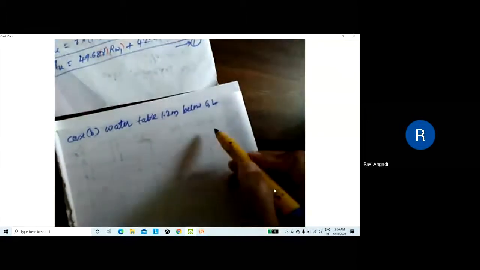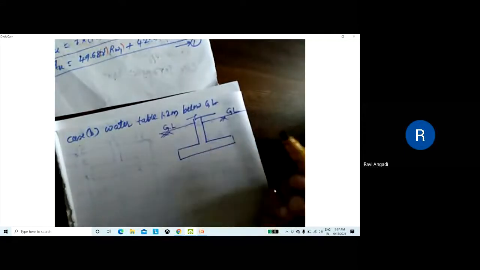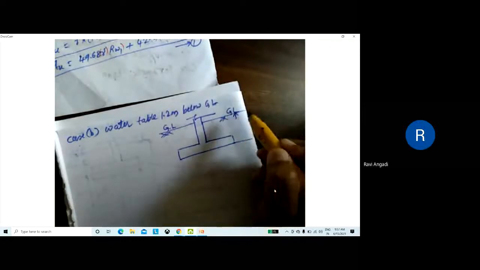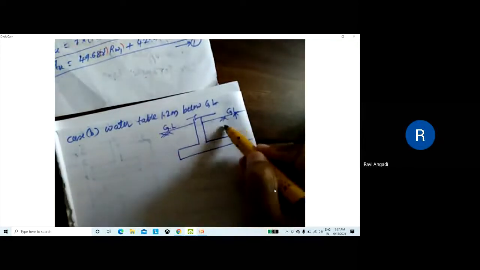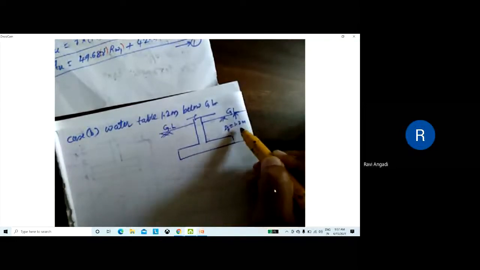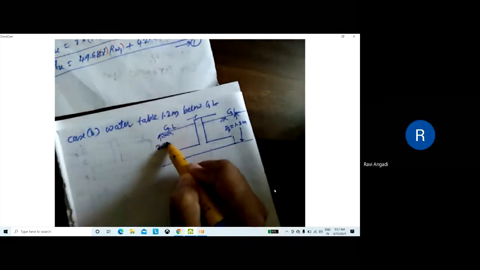Draw it. Again, draw the footing. Mark ground level. The depth of footing is already given. Shall I call it that the water table is at the base of the footing? Yes, sir. Because the depth of footing is given as 1.2 meter and ZW1 is also given as 1.2 meter.